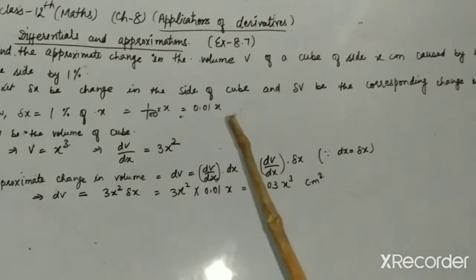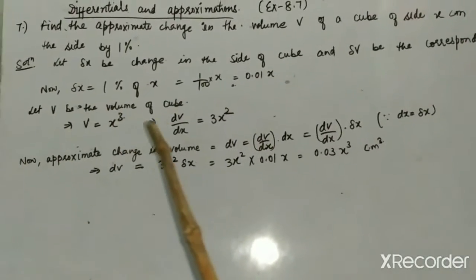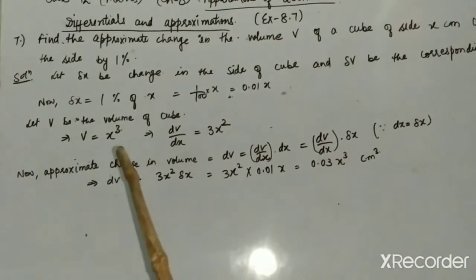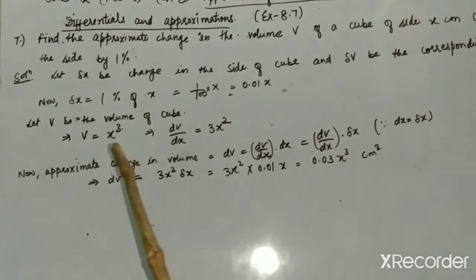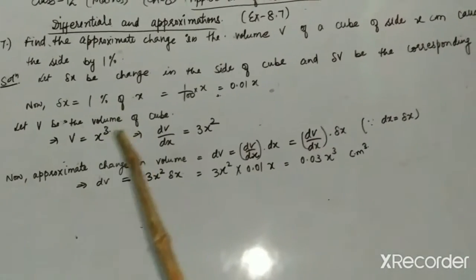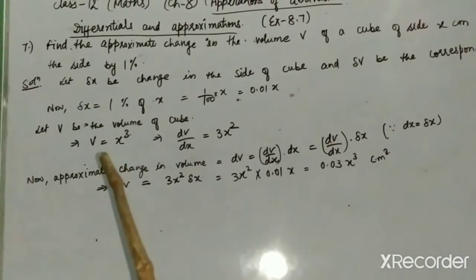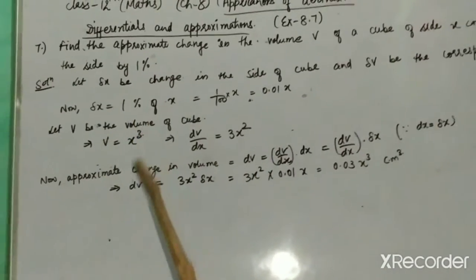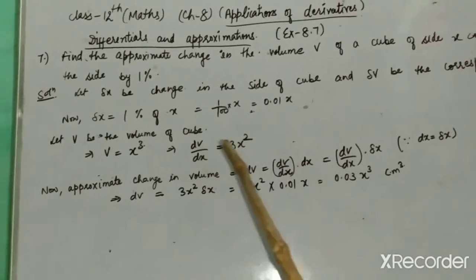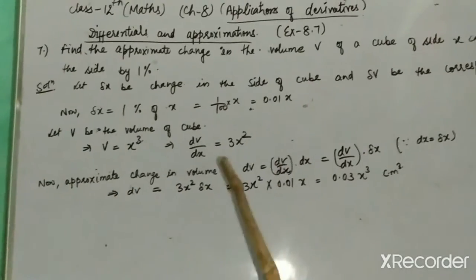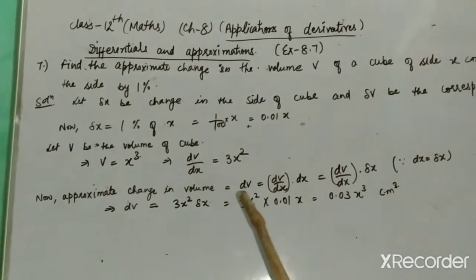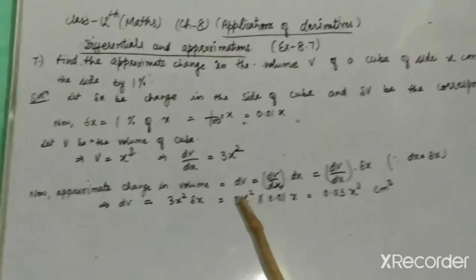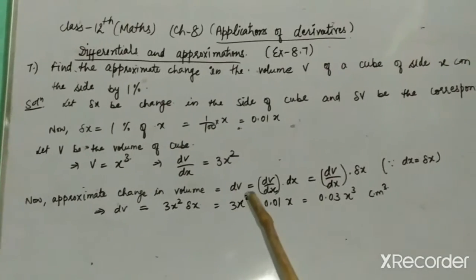This is del x. Now let V be the volume of the cube, then obviously the volume of the cube is side cube, that is x cube. Now we can differentiate this with respect to x. dV by dx will be equal to the differentiation of x cube, which is 3x square. Now the approximate change in the volume will be equal to dV, the differential of volume.